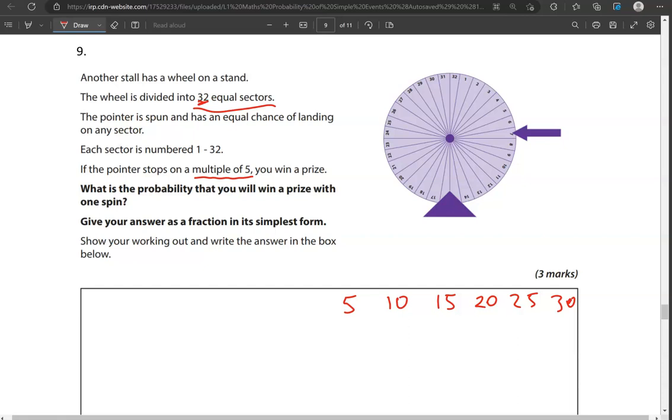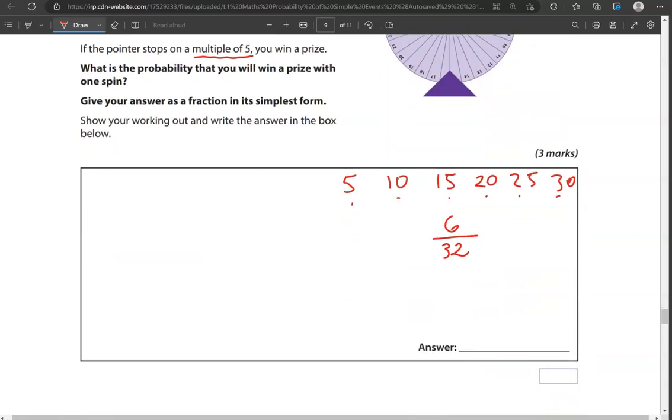So we're looking for these numbers: 5, 10, 15, 20, 25, and 30. So that is 1, 2, 3, 4, 5, 6 numbers out of 32 in total. We've got to give our answer in its simplest form.